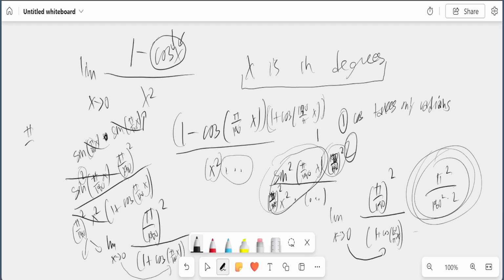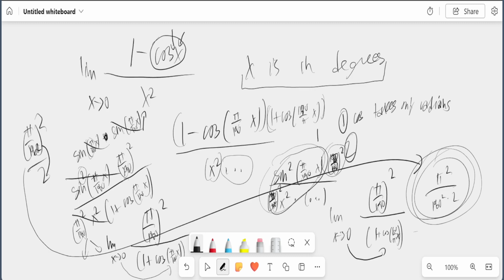So it's pi over 180 squared over 2, which is equal to that. Does that make sense? Yeah. Okay. Because all I did was move it inside. I distributed the square and then moved it. Okay, so that should be everything.